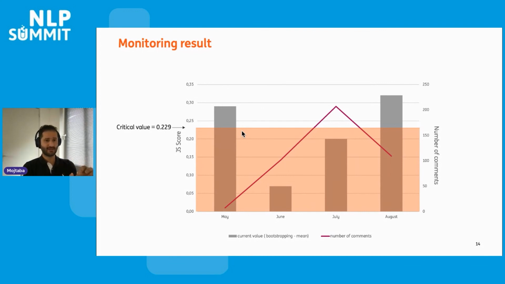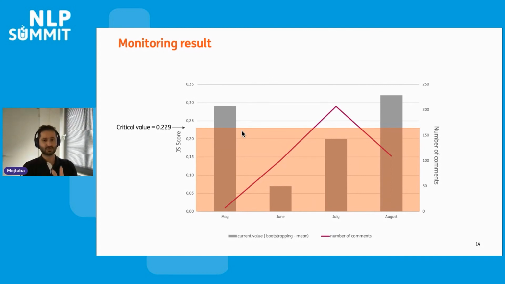Our critical value is basically 0.23. You can see that in May it goes above 0.3, which means our null hypothesis is rejected, but the number of data points is not large, so it's not trustable. So let's put May aside.